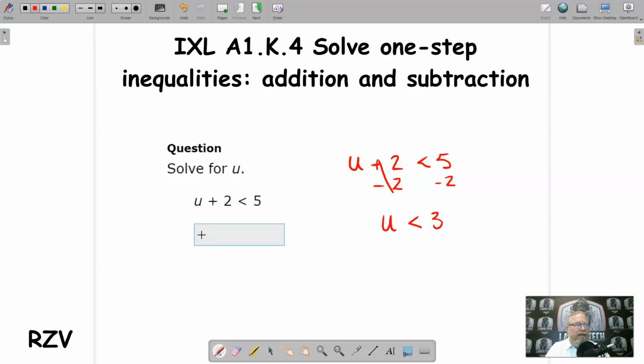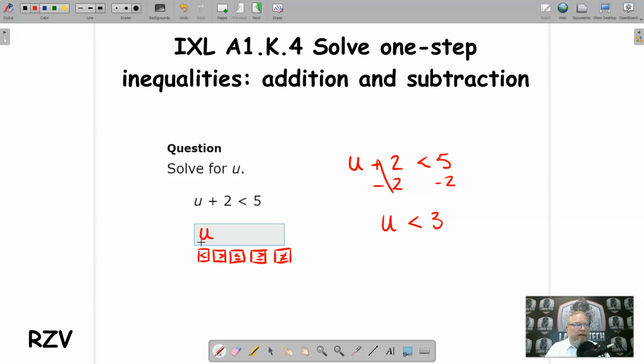Now in IXL, you're going to type in, using your keyboard, the letter of the variable, and then underneath each of the answers, there will be, I believe, 5 boxes. Even though we talk about 4 inequality symbols, there are pretty much 5 of them that we need to be concerned with: less than, greater than, less than or equal to, greater than or equal to, and the equal sign with the line through it that means not equal.